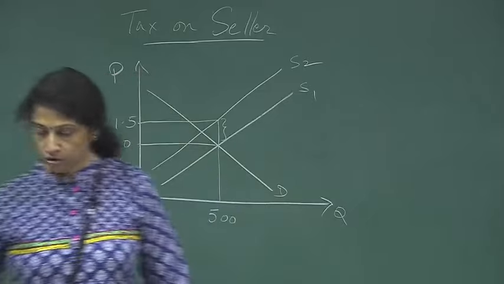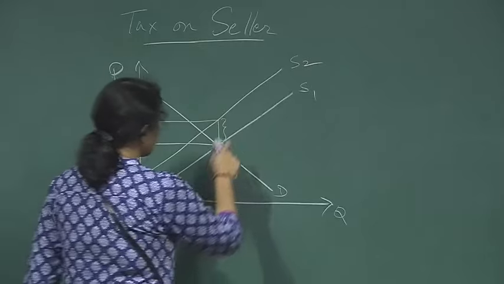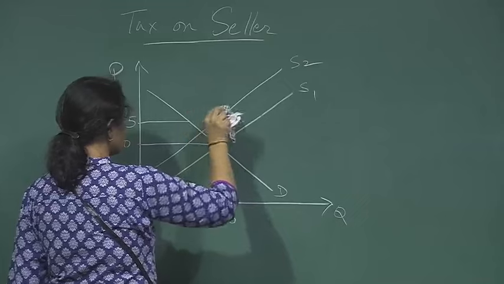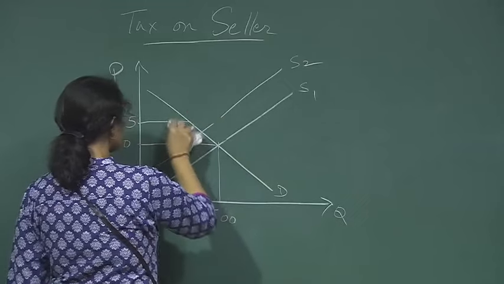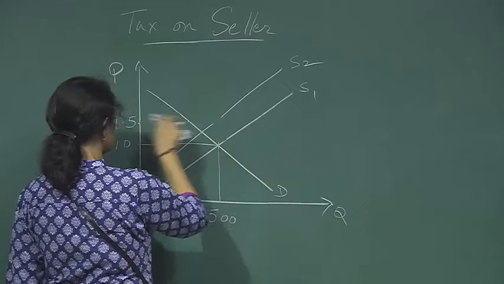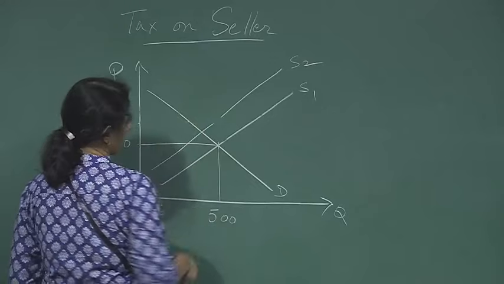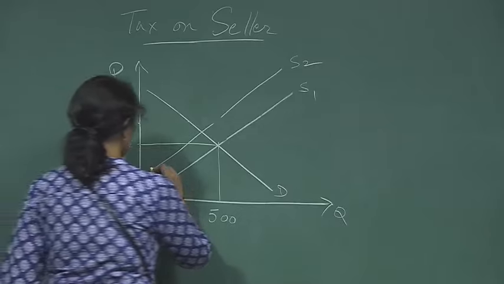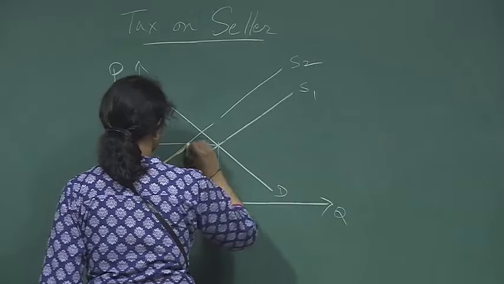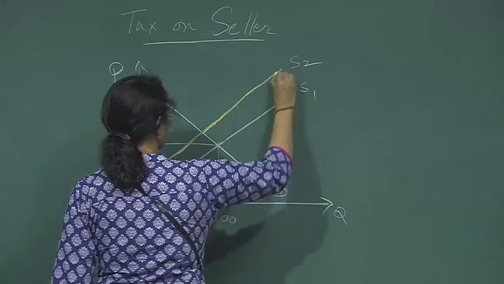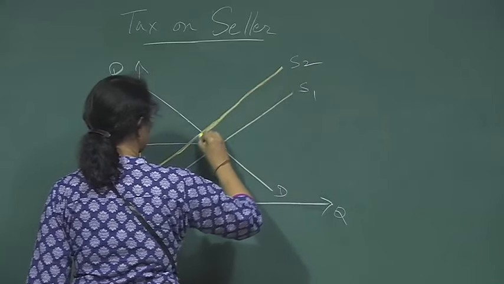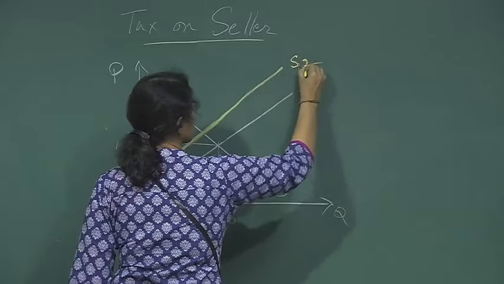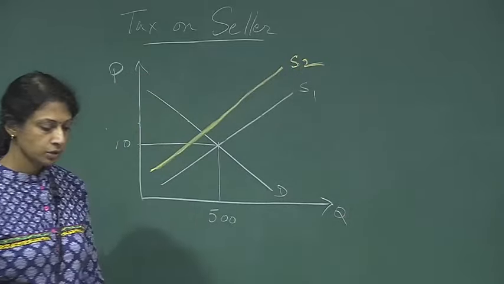But that is not happening, because the consumers are not willing to pay this higher price. Let's see what happens actually. Let me use a different color for the new supply curve. This is the new supply curve, S2.